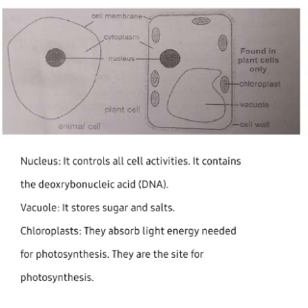That's a function of the nucleus. It also contains the deoxyribonucleic acid, which we all know is DNA. That's just the full name, deoxyribonucleic acid. Then the shortened version is DNA.